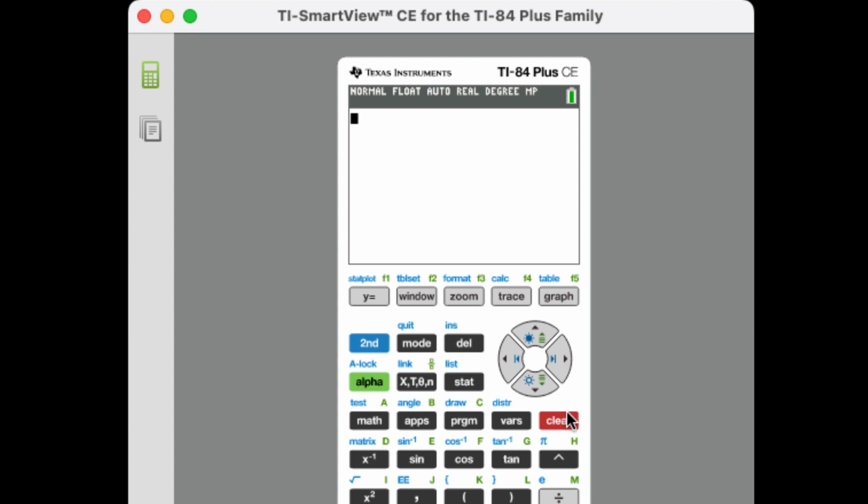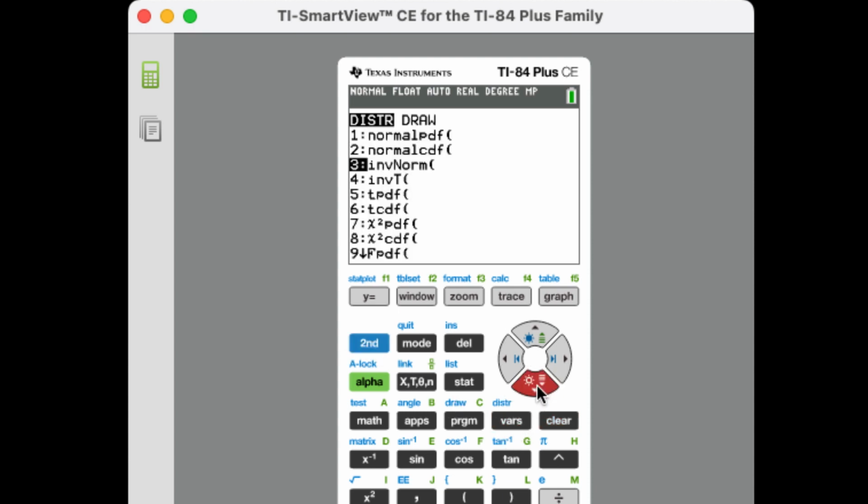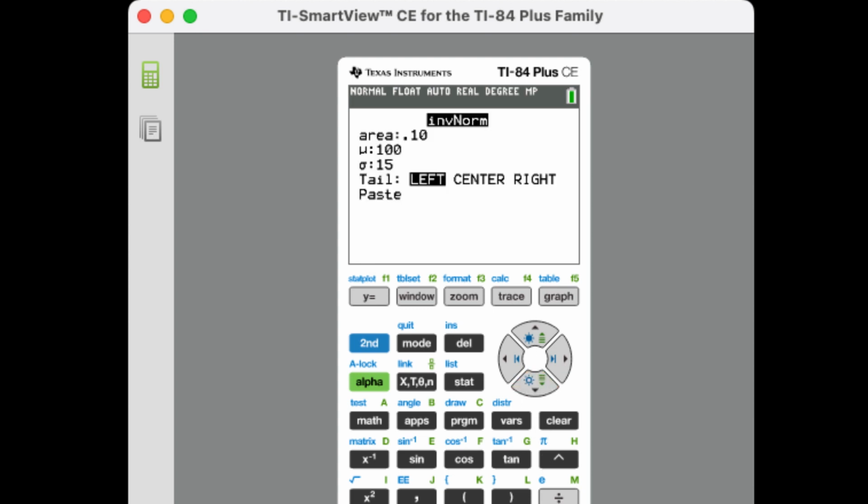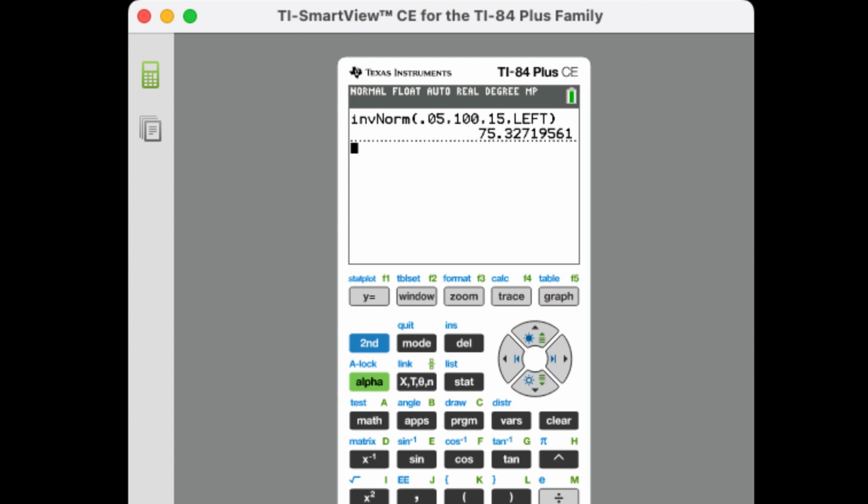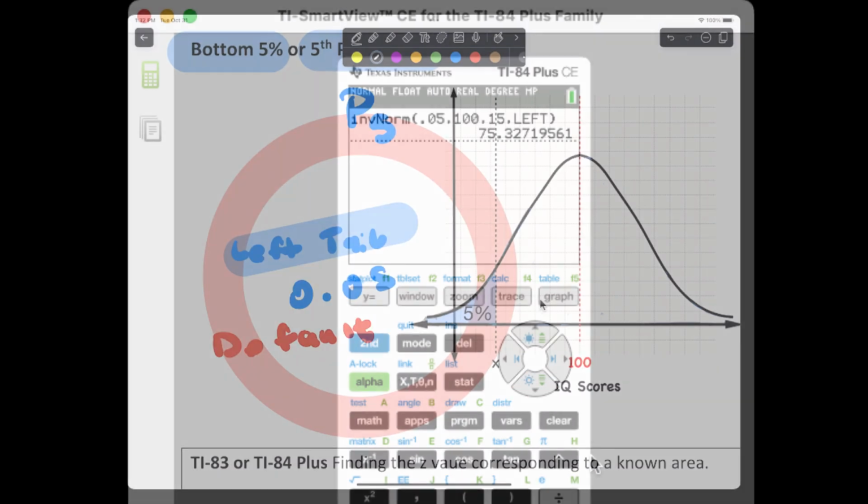Oh my God, look at that. Is that crazy? Let's look at it. So you're going to say second distribution. What do we look for? Inverse norm. Good. We must have seen 20 examples. 5% is 0.05. Yes, it's a left tail because it's the bottom 5%. And what is that X value now? 75.